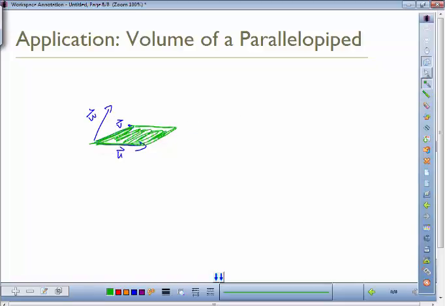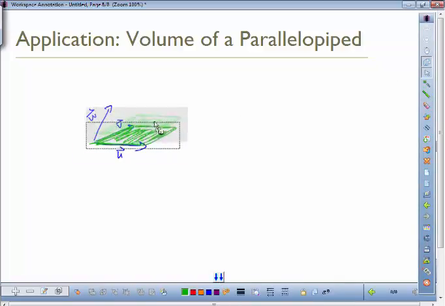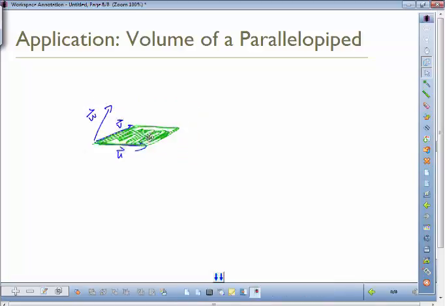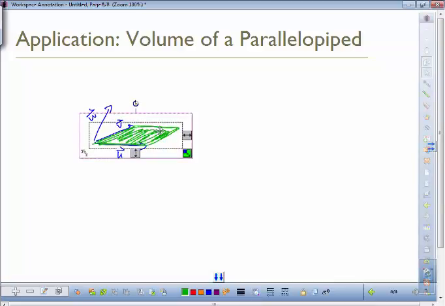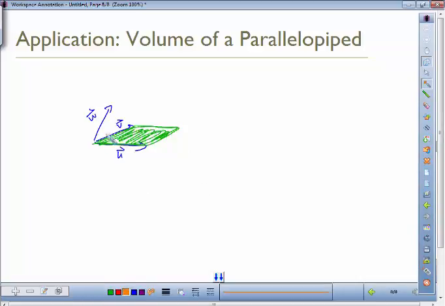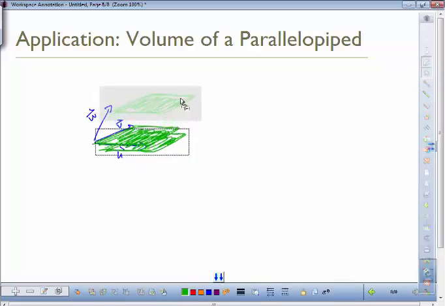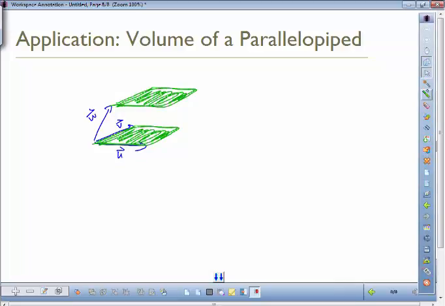So in 2 dimensions you have a parallelogram. If you take that parallelogram and sweep it along the third vector, then you would have that volume. So that's just the base of it. But if you take that base, let's do it like this. Up there, and then connect.